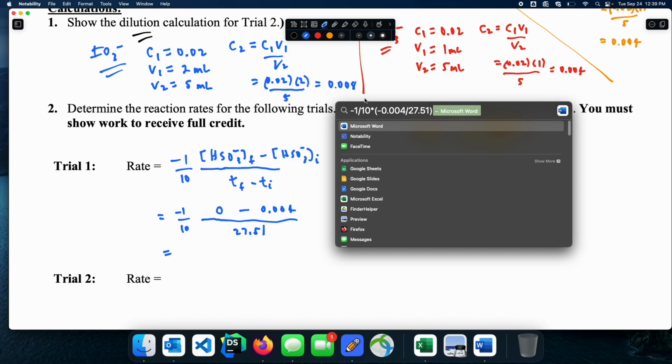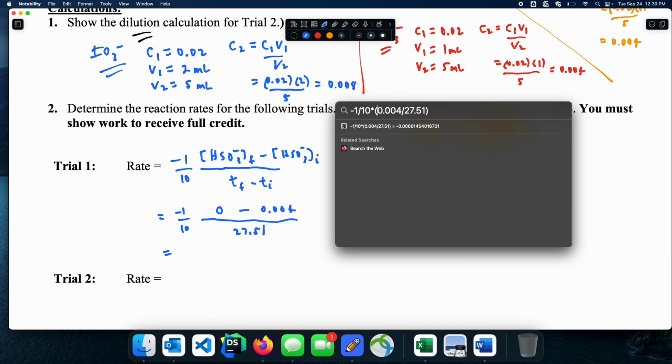Okay, so it looks like, wait, why is that not giving it? Maybe it doesn't like that minus right there. Let's get rid of that. Ooh, that's an ugly number. Okay, well, I think I can read it though.